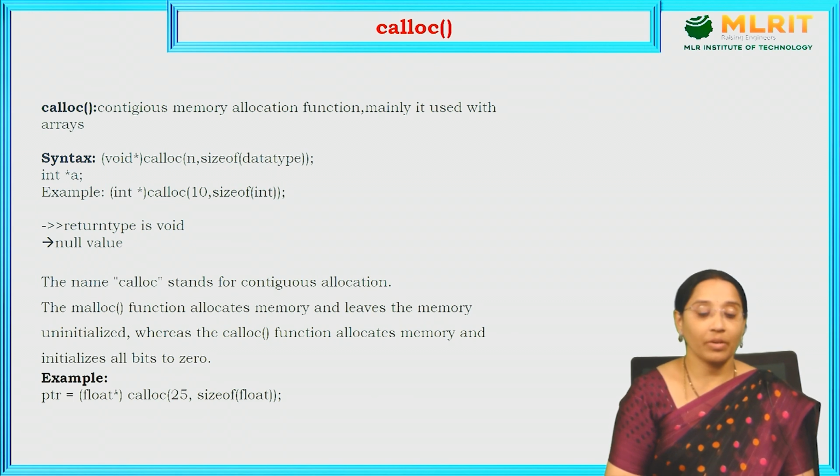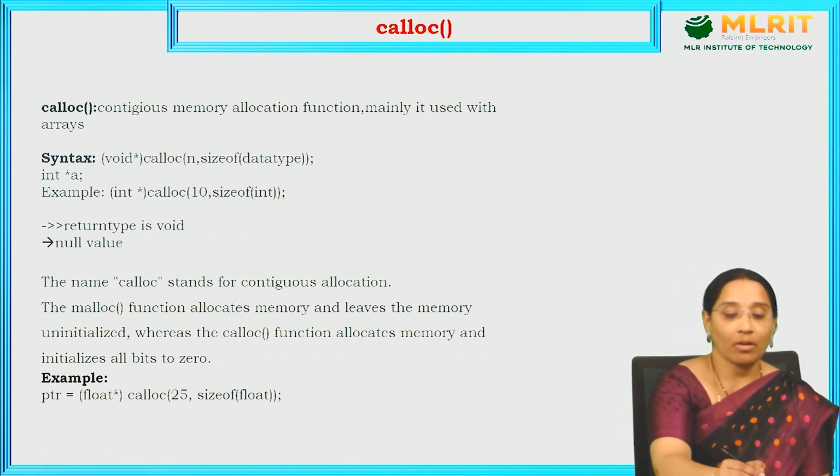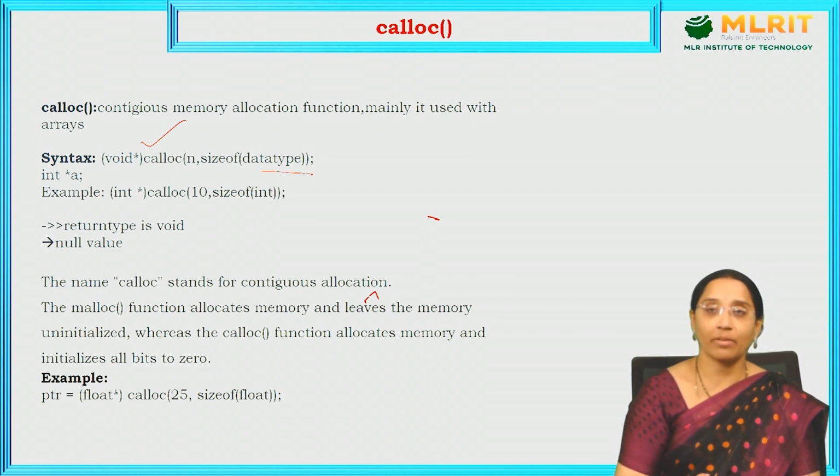In this session we will see what is calloc. Calloc is contiguous memory allocation. Mainly it is used with arrays. The syntax of calloc: void pointer calloc of n comma size of the data type. Why is it a void pointer?